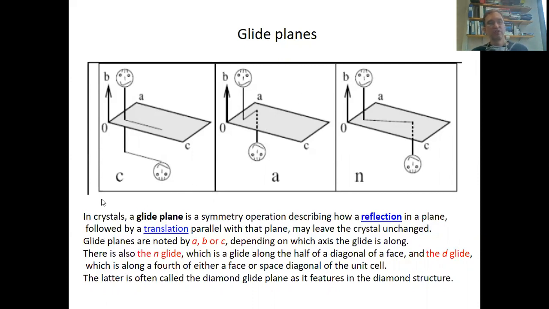The definition is that a glide plane is a symmetry operation describing a reflection in a plane followed by a translation parallel with that plane. As you carry out the symmetry operation around that glide plane, that will leave the crystal unchanged.